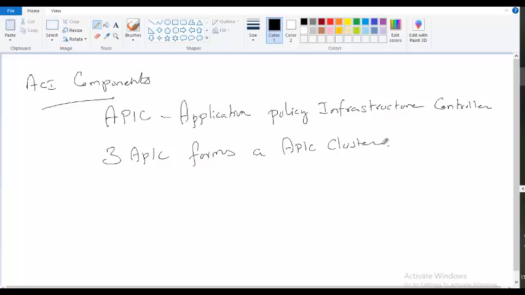APIC is not a super brain like the human brain. So it needs redundancy. There is a need for a cluster. Now this APIC comes in both physical as well as virtual.